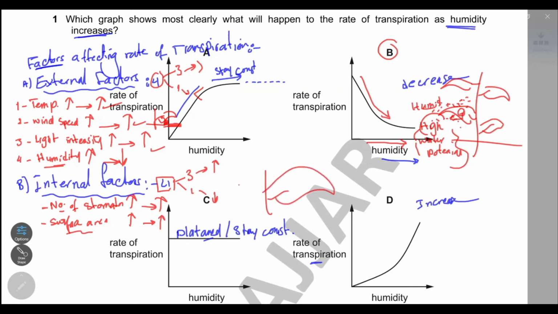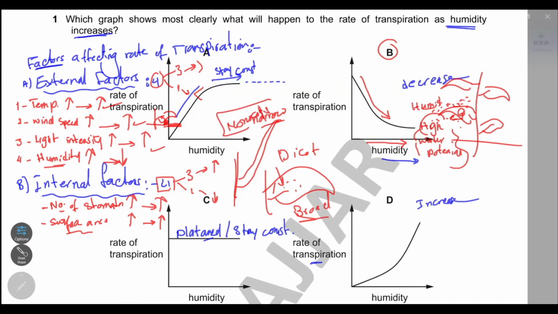This is a broadleaf, and this is a monocot. This is a dicot, for example. The monocot has a thinner, parallel leaf, and here it's a broadleaf, surely. Broad leaves, and here there's a narrow leaf. So the surface area exposed to the air here is more than for the monocot.